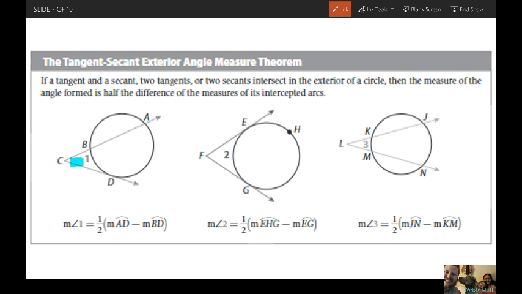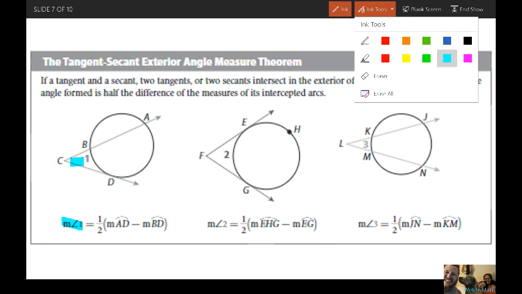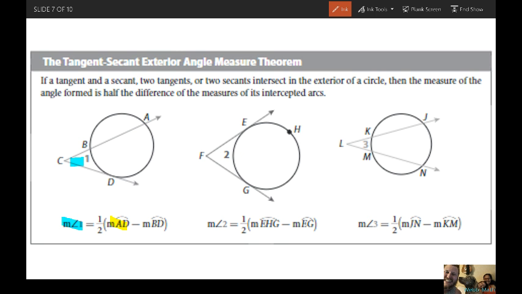Just know that your exterior angle equals half of your two arcs, the big huge arc minus the smaller arc BD. And that's what the exterior angle is if you have a tangent and a secant in this situation. So just remember, big arc minus small arc times 1/2 equals that exterior angle.